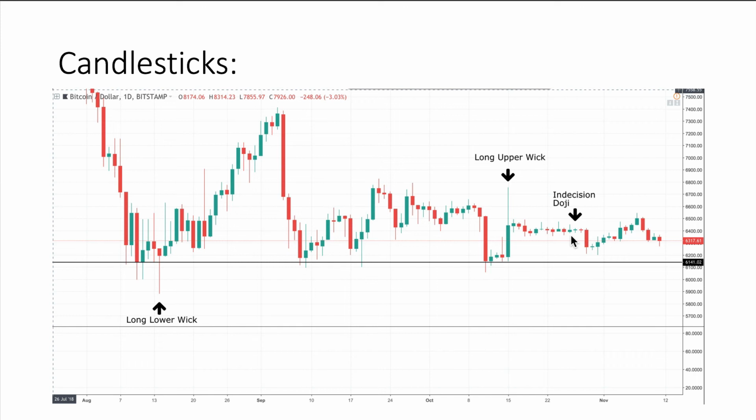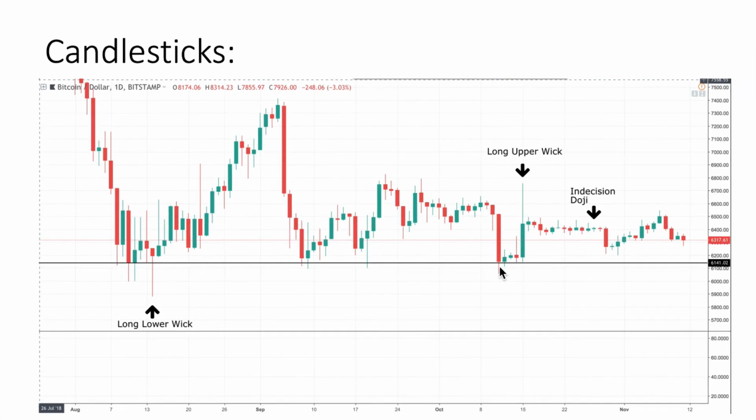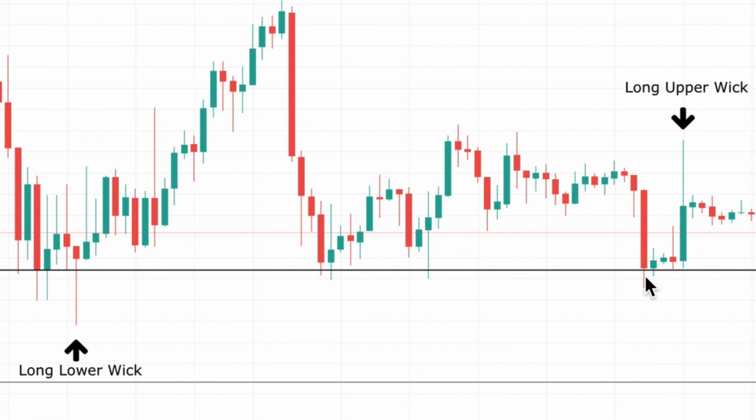Oftentimes, the wicks of the candles can indicate a support or resistance level on the chart. Looking back at our chart, we have drawn a horizontal line that crosses through several wicks. Notice that each time the price moved below that line, the bulls bought the dip and pushed the price back up before the close of the candle.